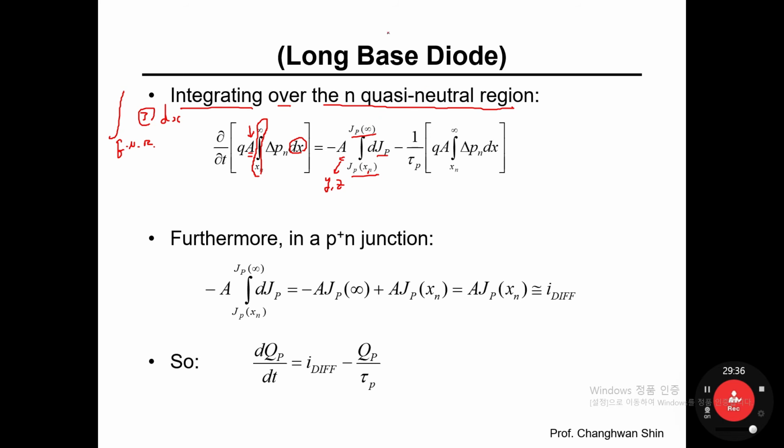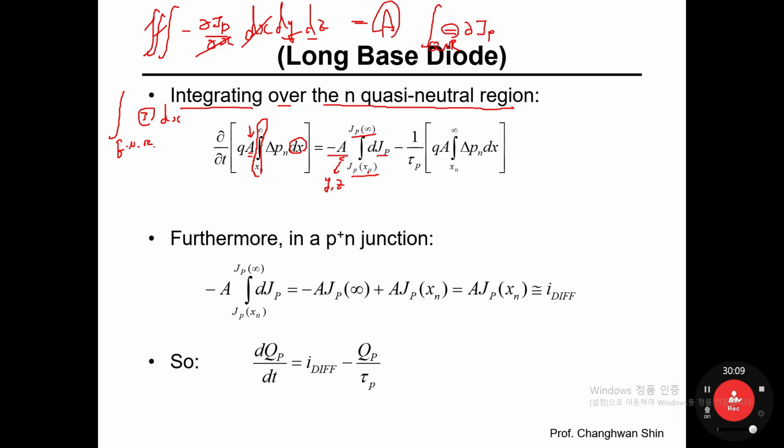Previously the equation was minus partial J_p over partial x. Then the partial x cancels out, and the y and z integration becomes A. So minus A times J_p across all of the quasi-neutral region along the x direction, meaning from x_n to plus infinity, of dJ_p.